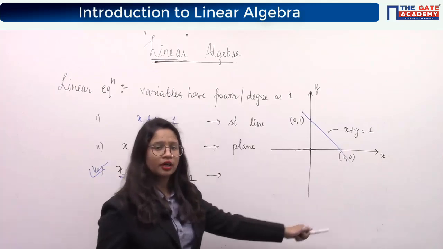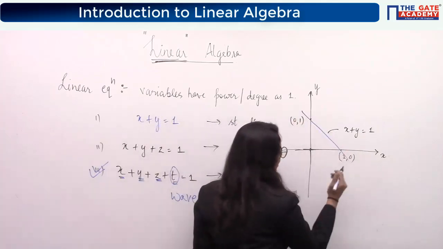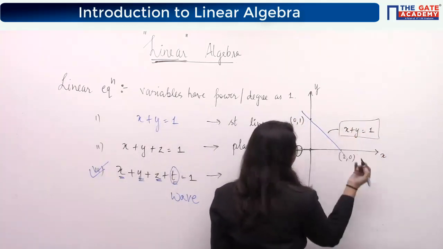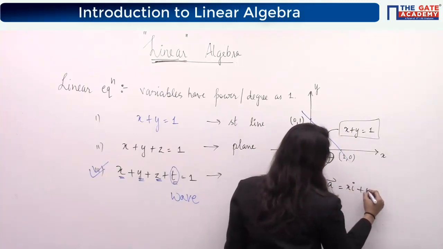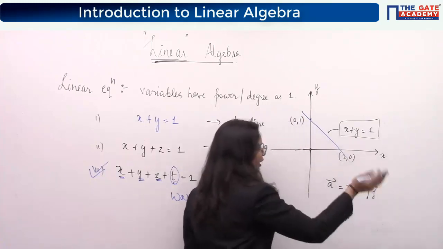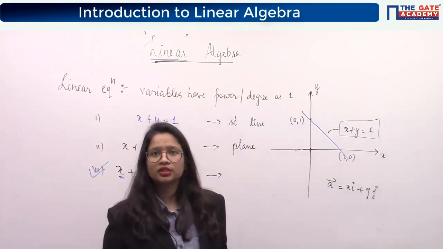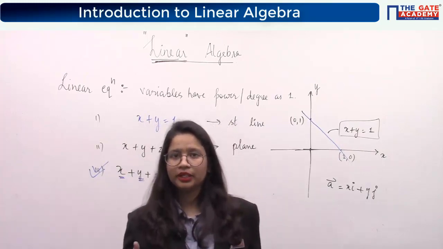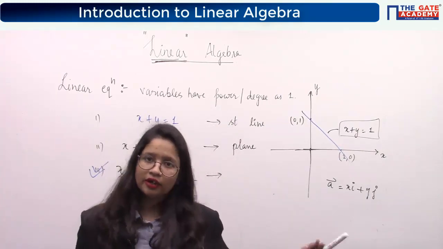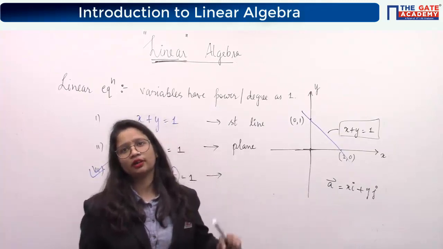You know this thing or not? You can write the equation of any line in Cartesian form like this, or in the form of a vector like this. I don't know exactly how to convert, but let's say this is the equation of this line. Any equation of a line can be represented in 2 ways. One is the Cartesian form, the other one is the vector form.